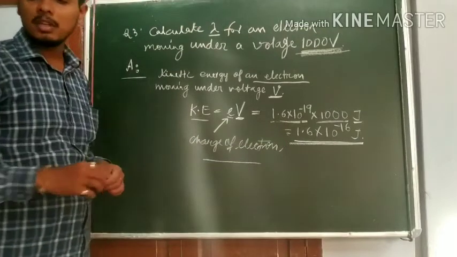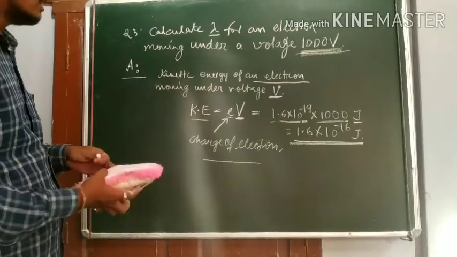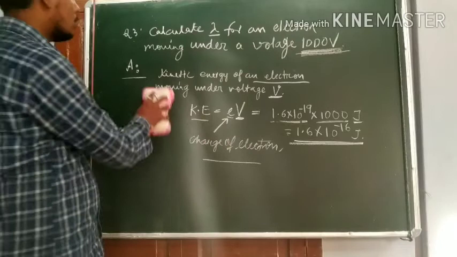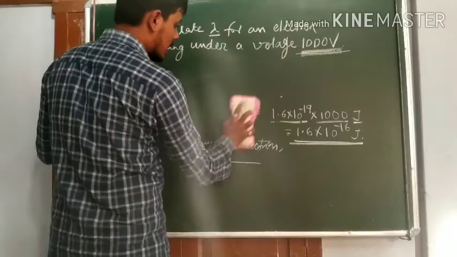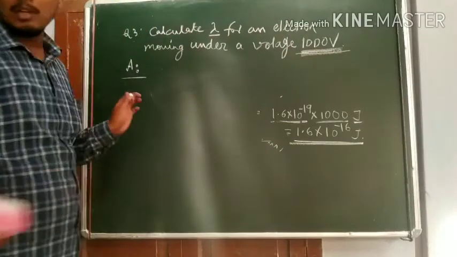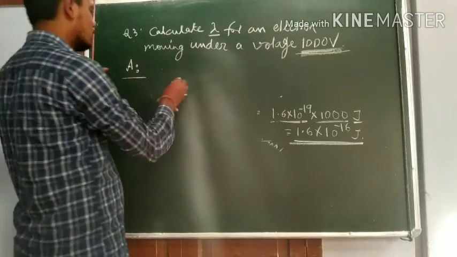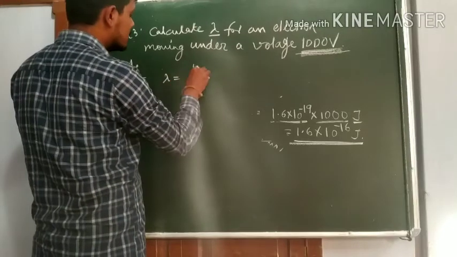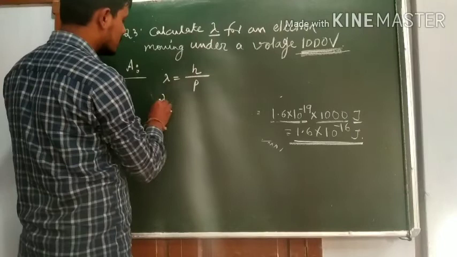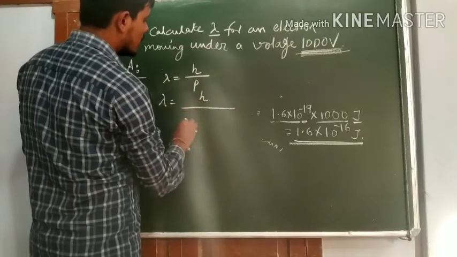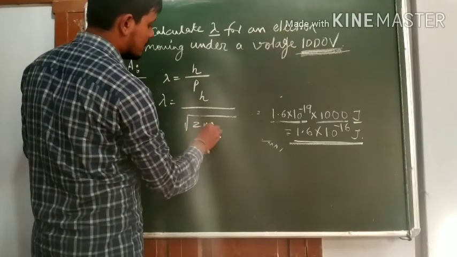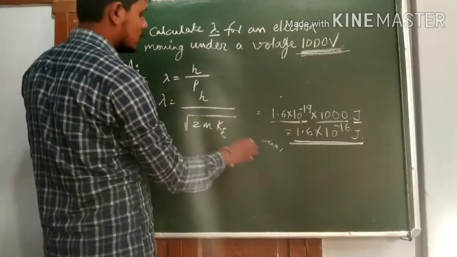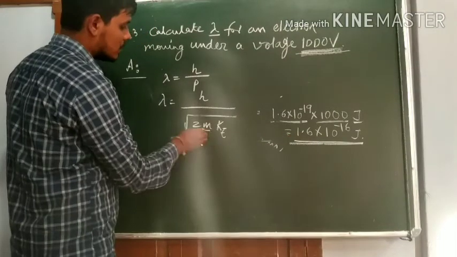So first we calculated the kinetic energy of the electron. Now we will use the kinetic energy of the electron to calculate the value of the wavelength associated, or lambda. So lambda equals h by p, and p equals root over 2 m KE. KE we already have. The mass of an electron you know.